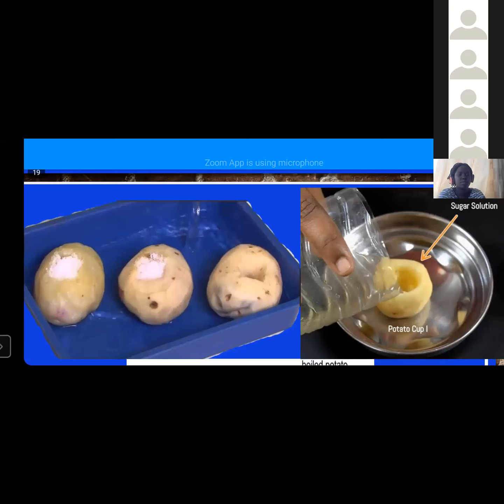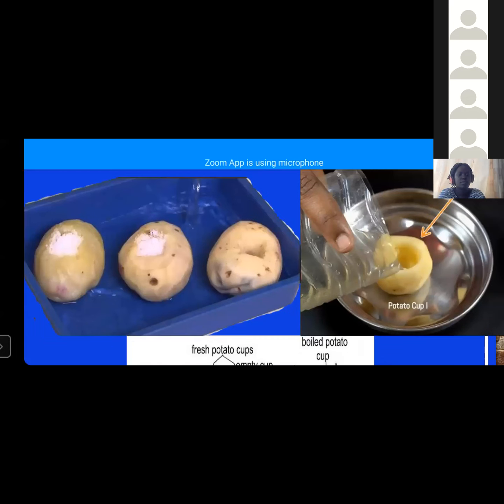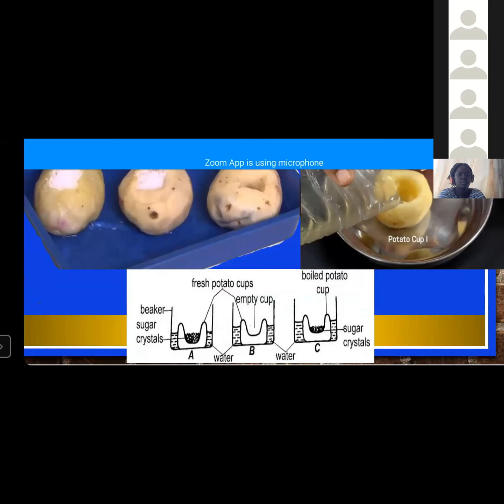After setting up the experiment, remember where you are putting sugar, one of the potatoes is boiled. And these diagrams indicate the setup. In A and B, the potatoes are not boiled, they are fresh, and C is boiled.